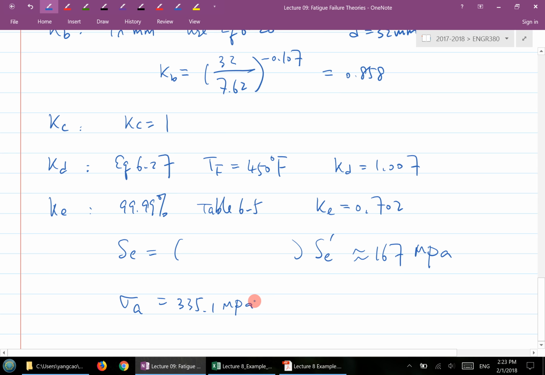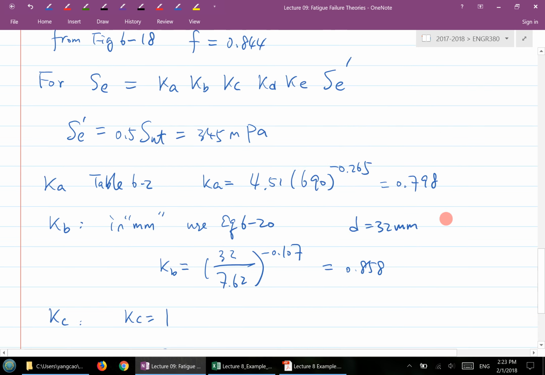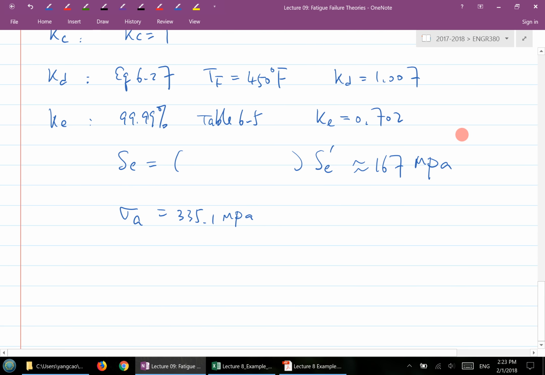So your immediate conclusion is the part doesn't have infinite life, right? Which means if you need to estimate the number of life using this formula here, that N will be less than 10 to the power 6. So when you use a calculator, use that as a sort of threshold to verify.